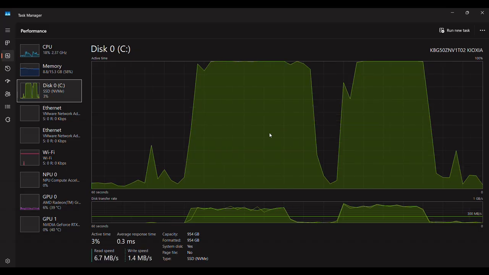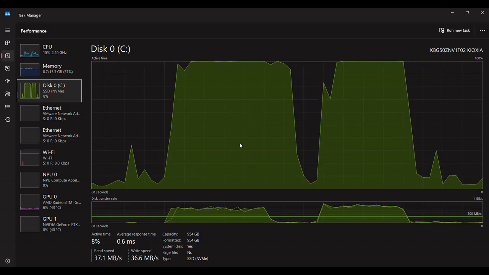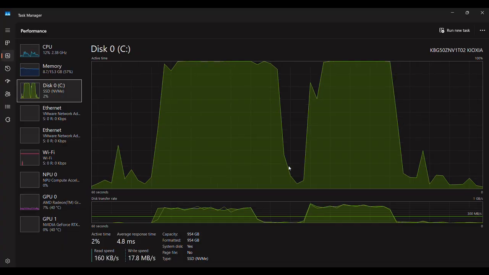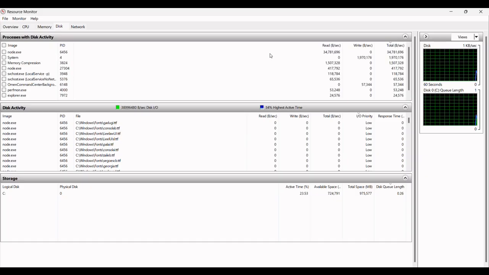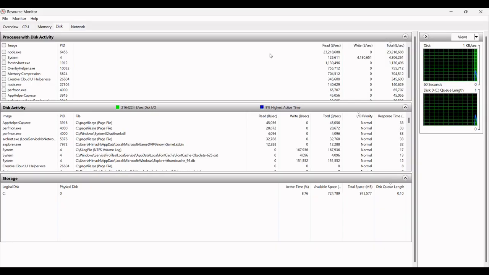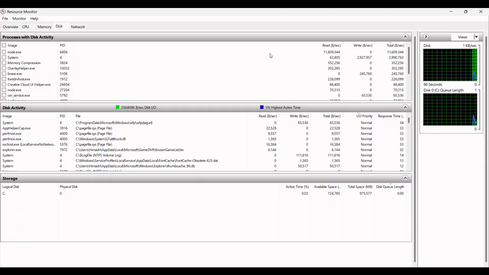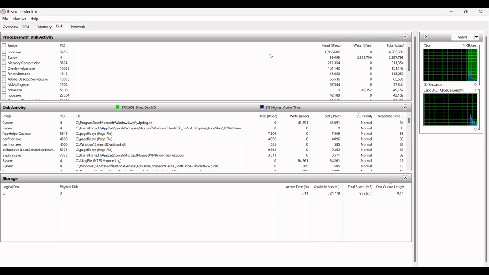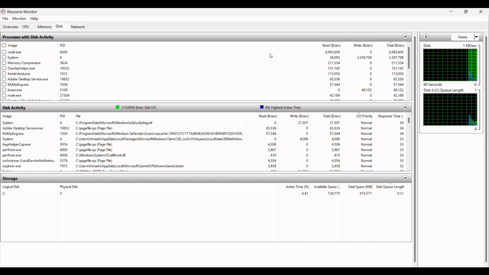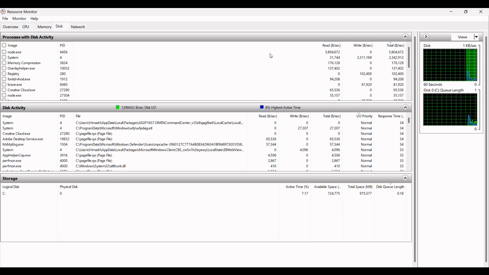We can clearly observe increased read and write operations in real time. Resource Monitor provides more granular visibility compared to Task Manager. This is extremely useful for advanced troubleshooting and performance analysis.